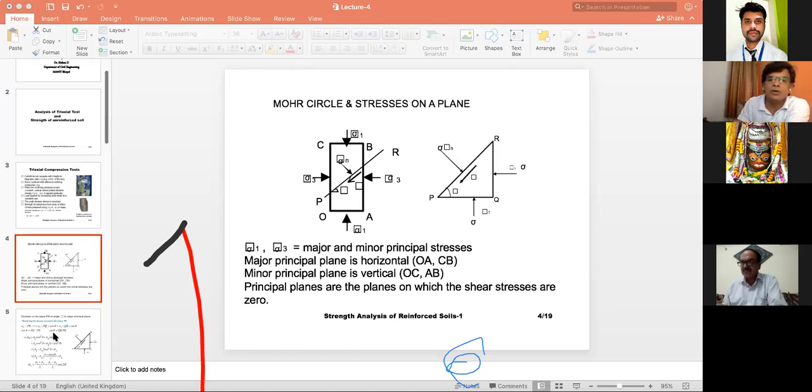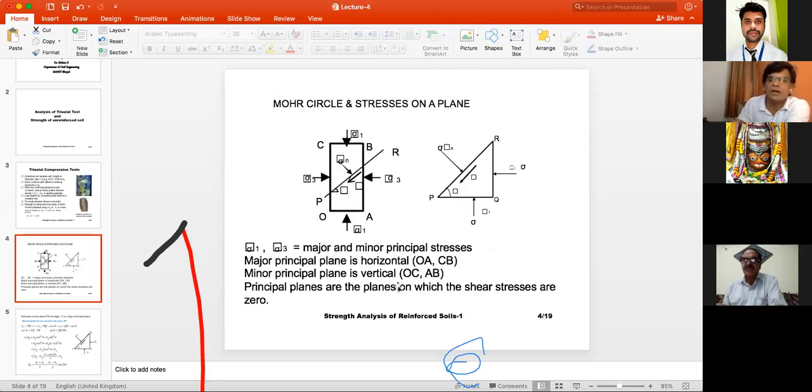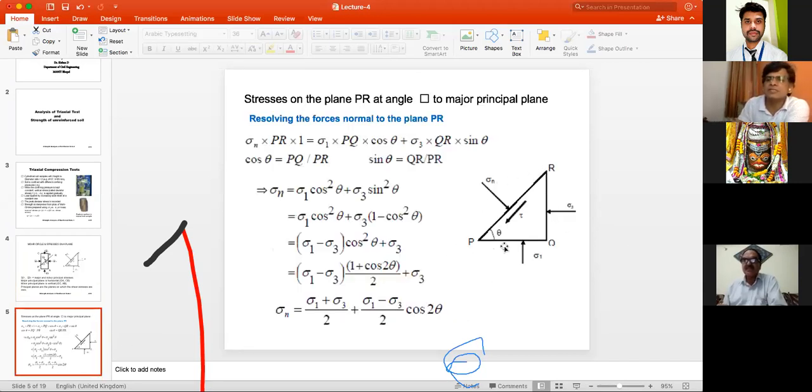Now I'm taking the free body diagram of this one, the same previous free body diagram picture from this slide. PR is the failure envelope, RQ is the minor principal plane and PQ is the major principal plane.